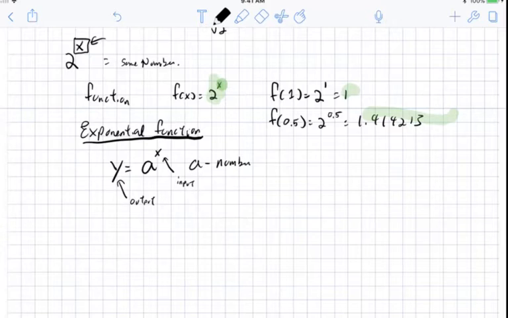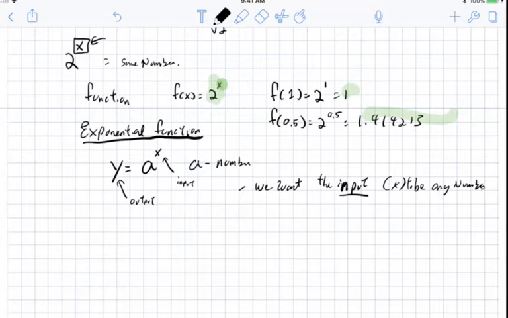And the reason has to do with what the value is as an output. Because we want the input x to be any number. Any number including, for instance, x is equal to 0.5.